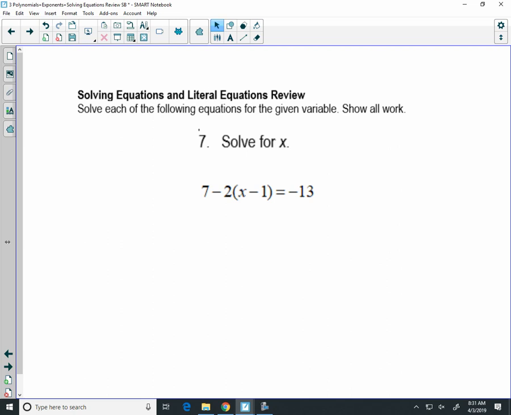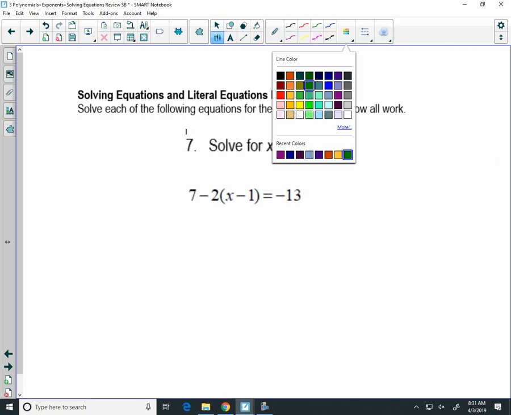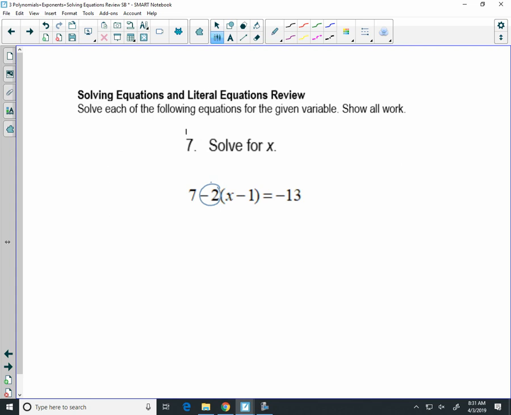Couple quick equations and you're on your way here. Number 7, the first thing we're going to do is distribute that negative 2. Don't forget about the 7 out front. So negative 2 times x is negative 2x. Negative 2 times negative 1 is positive 2.